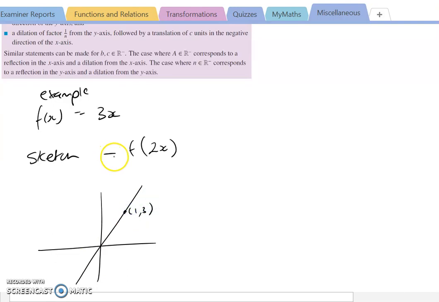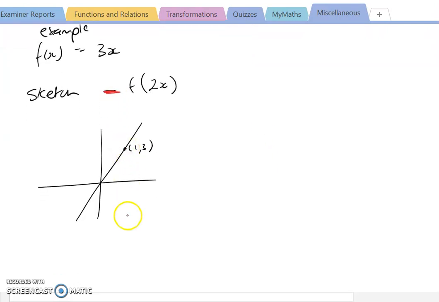What would the negative do? It's making every single y value negative, which means that this one goes down to here, 1, minus 3. I'm going to try and do it as best I can as a reflection in the x. Maybe more like that.